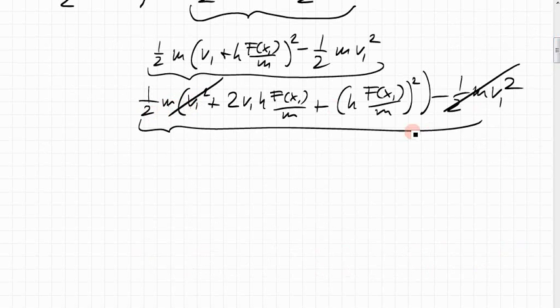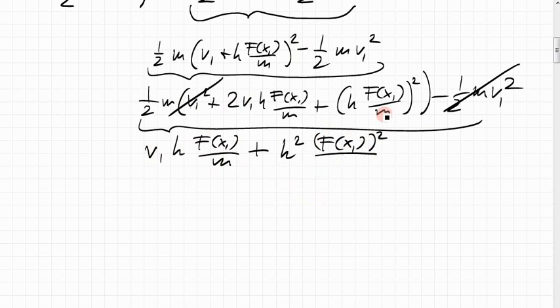Nice. So what remains is, 1/2 times 2 cancels, initial velocity times time step times force at the start over m, plus step size squared, force squared over mass, and we have to include the 1/2. This is the difference in kinetic energy.